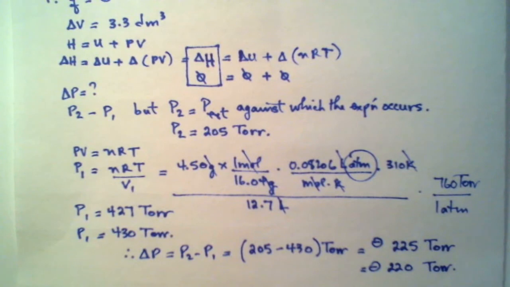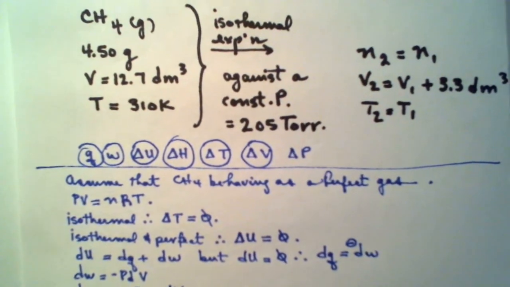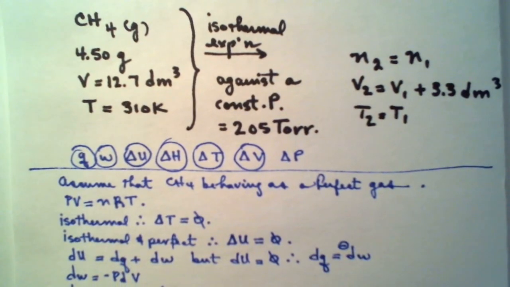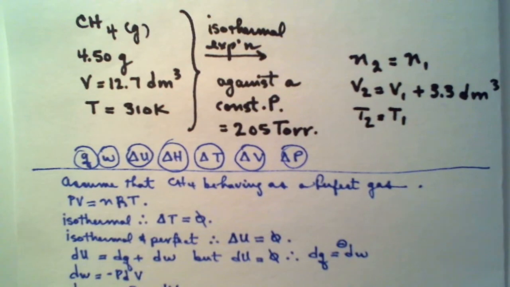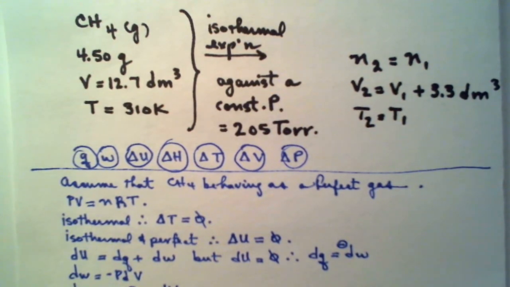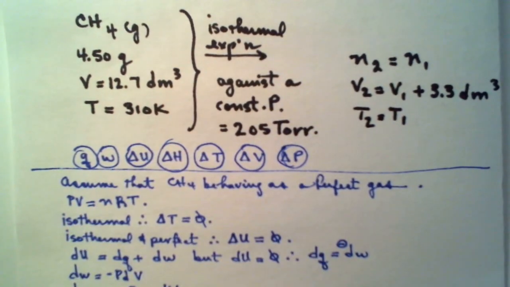So that's a good question. We were able to, with just a little bit of information, calculate the heat, the work, the changes in internal energy, enthalpy, temperature, volume, and pressure for this change.